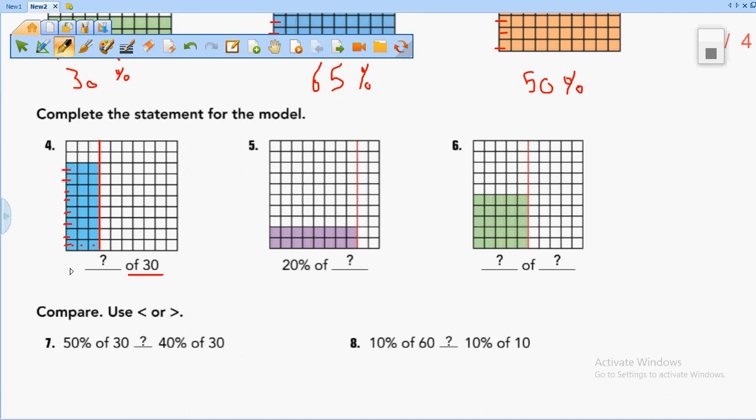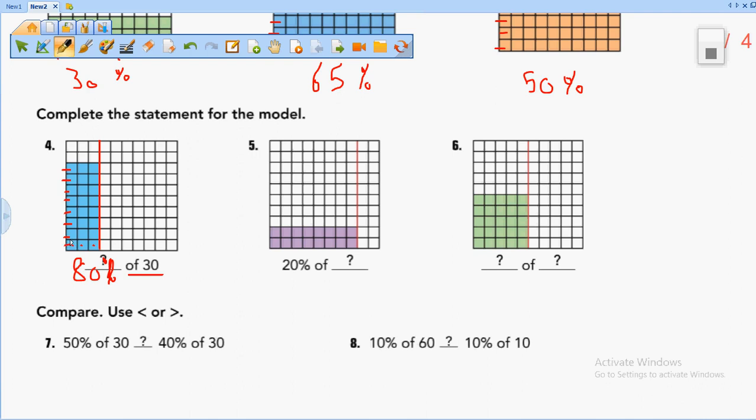So you can say 80% out of 30, because when you multiply 80% of 30, that is 80% multiplied by 30, you will get 3 times 8, you will get 24. Because 24 out of 30 is 80% out of 30.